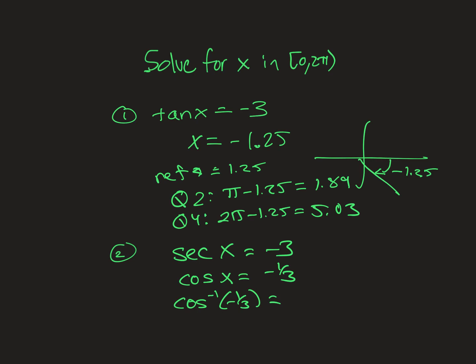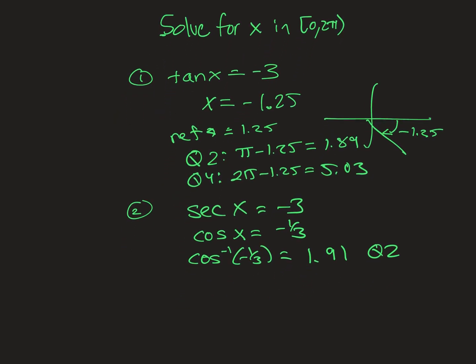Inverse cosine of negative 1/3 gets us 1.91, which is in quadrant 2, which is something I do want. Because when I'm looking for secant being negative, or cosine also being negative, I want quadrants 2 and 3. The question is, how can I get the quadrant 3 angle? Negative 1.91 is in quadrant 3, but it's not between 0 and 2 pi.